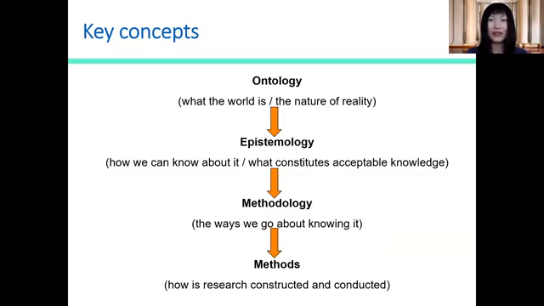And the method is usually the most obvious element, which is the actual technique that we use to conduct research. Don't worry if you don't understand them now. We will gradually unfold those terms in today's lecture.